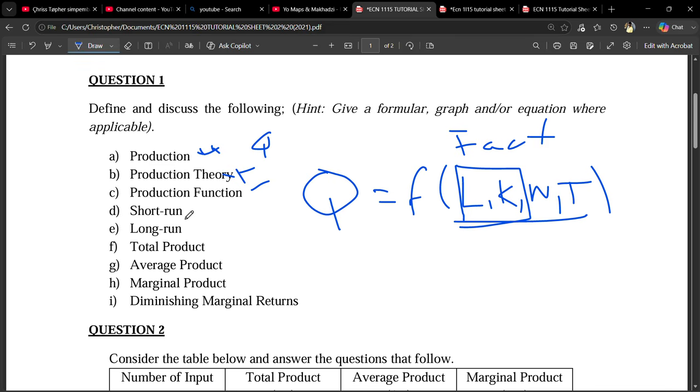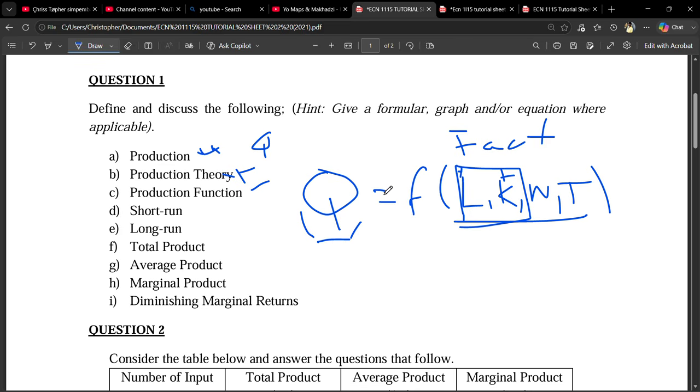We move on to short run and long run. So what is the short run and what is the long run? These are simply time periods when a firm decides to see how the outputs produced can come out when it changes one input and holds the other constant, or changes both at the same time.